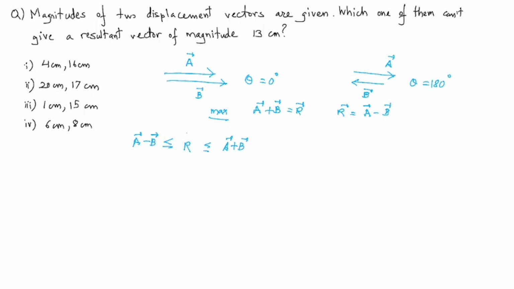Resultant will remain between a minus b and a plus b. It will remain within the conditions of theta equals 0 degrees and theta equals 180 degrees.